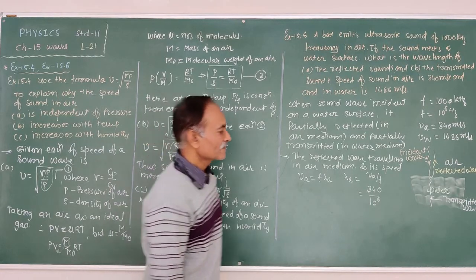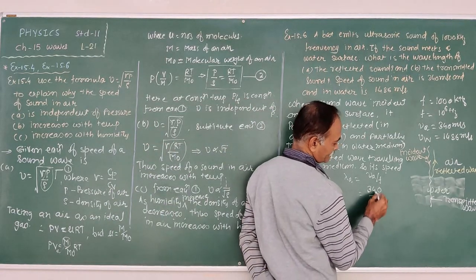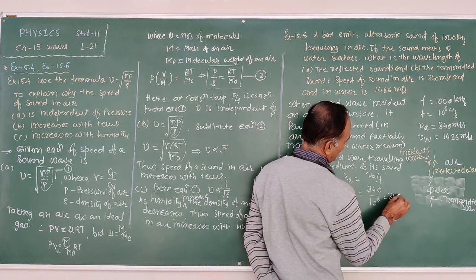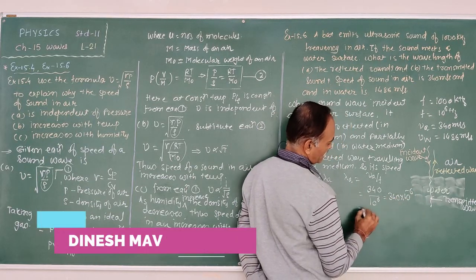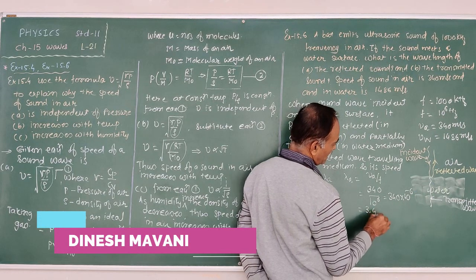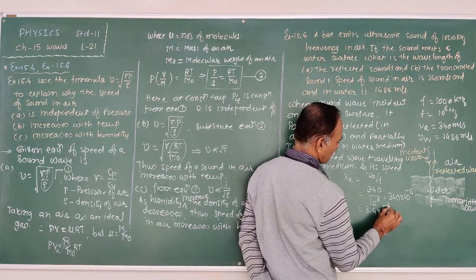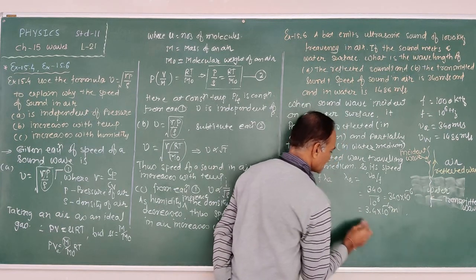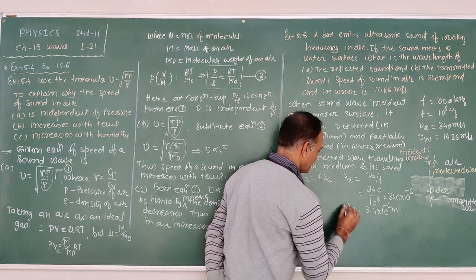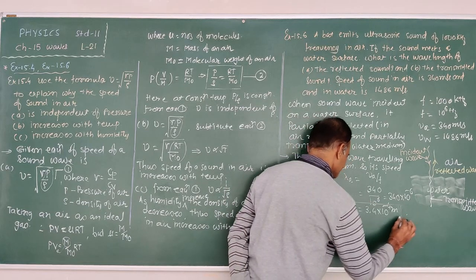Therefore, 340 into 10^-6, which is 3.4 into 10^-4 meter. Sorry, it is meter. That is the wavelength of the reflected wave in air medium.